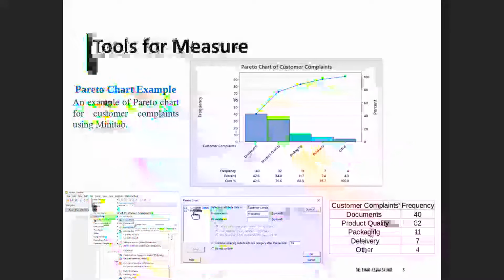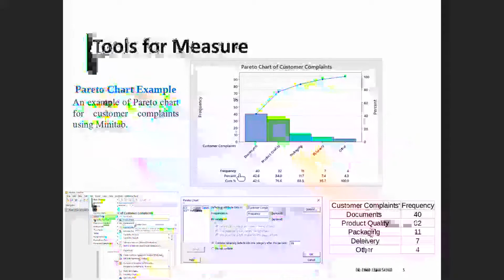When you go to the frequency, you double click it and it will appear here. That means it will collect the data from column C2, the frequency. Then you just press OK and leave everything as is. When you press OK, the Pareto chart will appear.